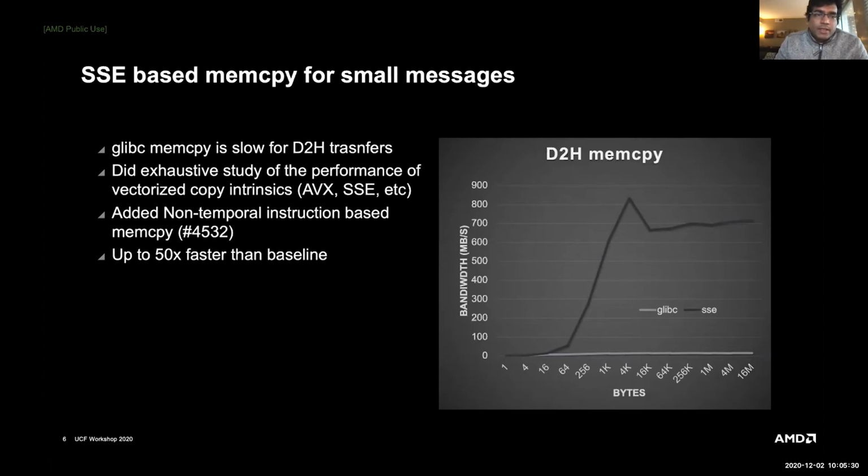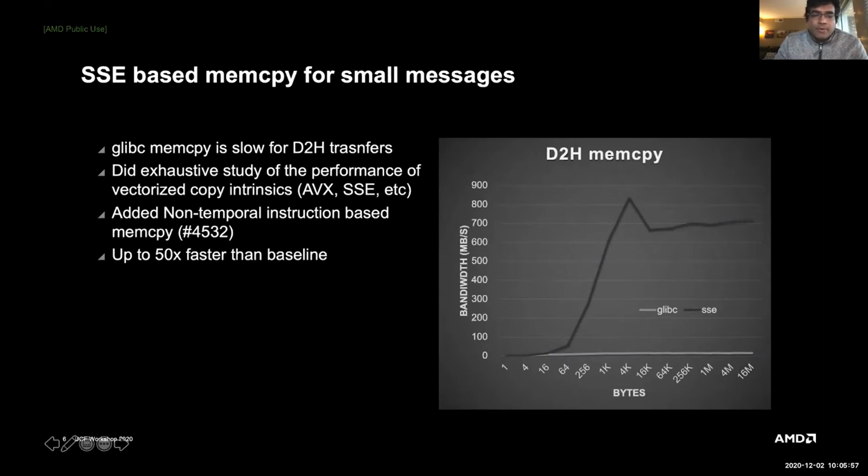So we did an exhaustive study of different vectorized copy intrinsics like AVX and different versions of SSE, from SSE 1 all the way to SSE 4.1. We tried to compare which one performs the best for these device to host transfers. We found that using vectorized copies is helpful, but what is also helpful is using something called non-temporal instructions.